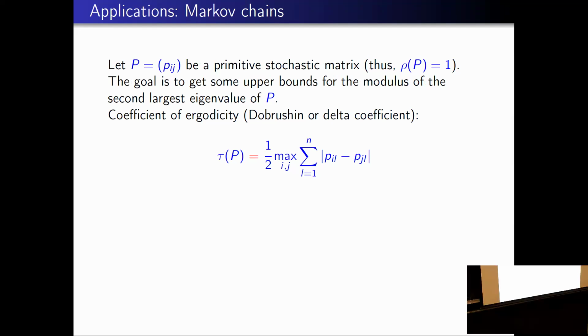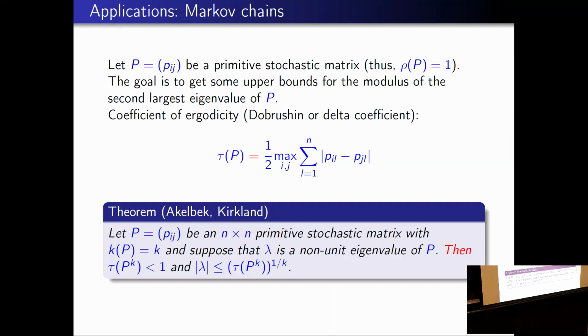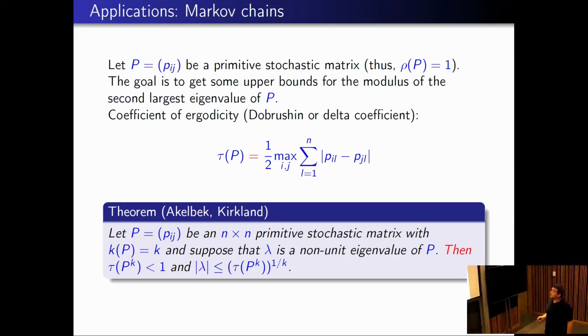This is done by the so-called Dobrushin coefficient, which is defined here. And good bounds to estimate the Dobrushin coefficient are based on the scrambling index. So using the Dobrushin coefficient, I could estimate the second largest eigenvalue, where k is the scrambling index. This is a nice result of Akelbek.